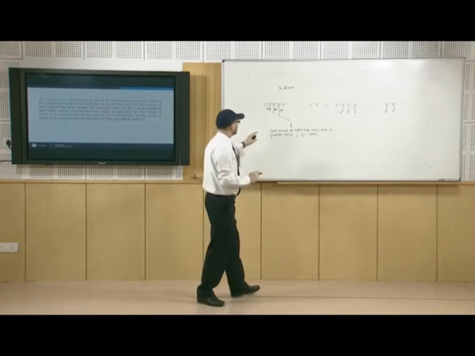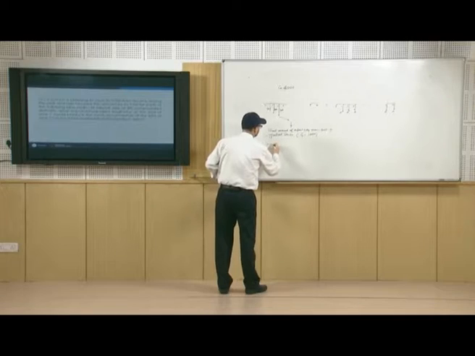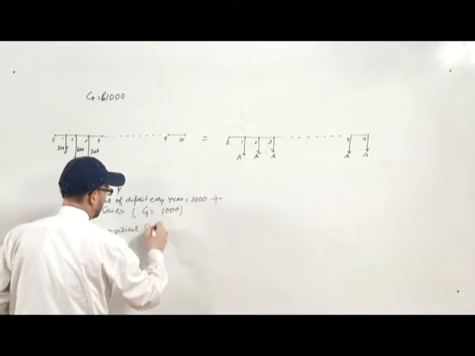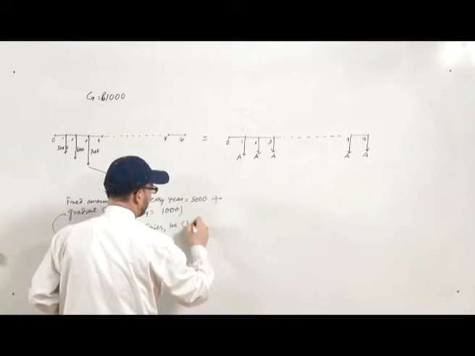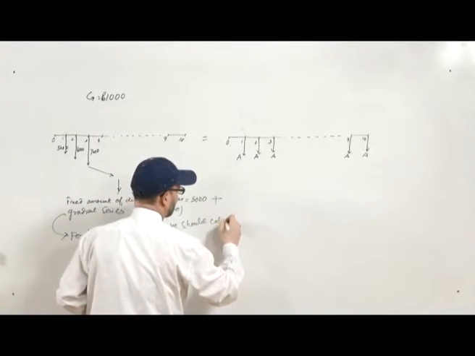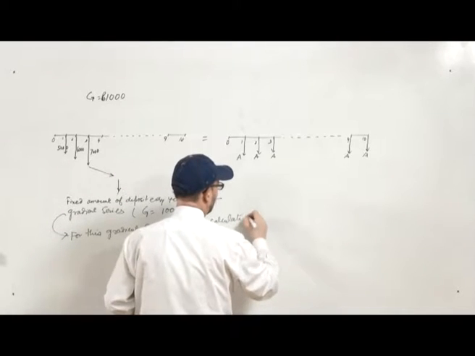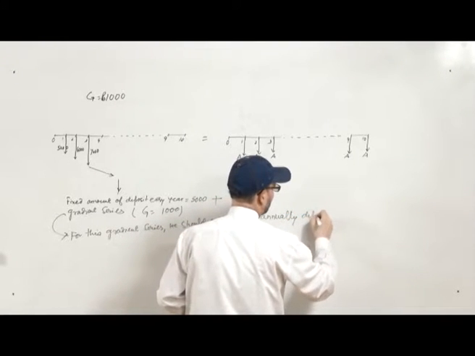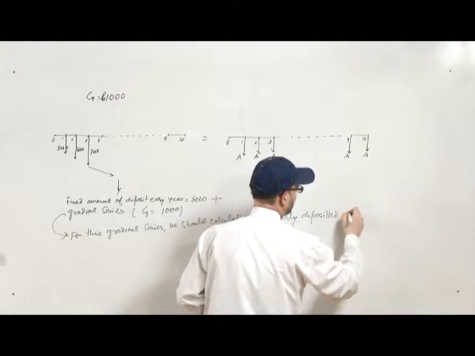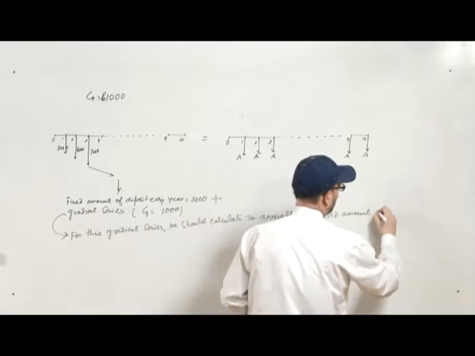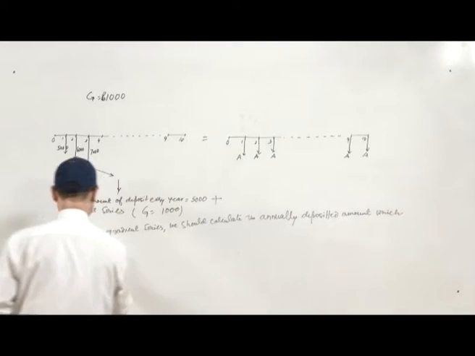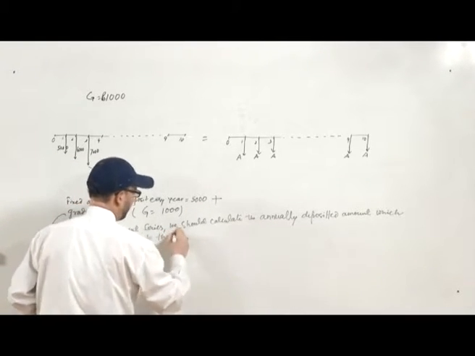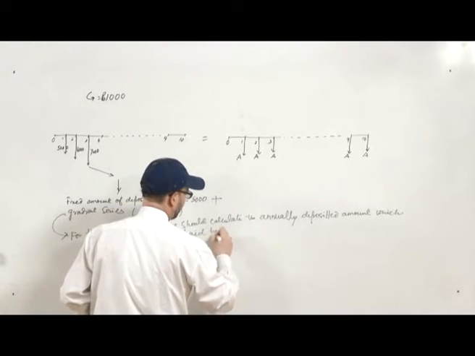Now, first of all, for this gradient series, we should calculate the annual equivalent annually deposited amount which will be equal to that paid by the gradient series.